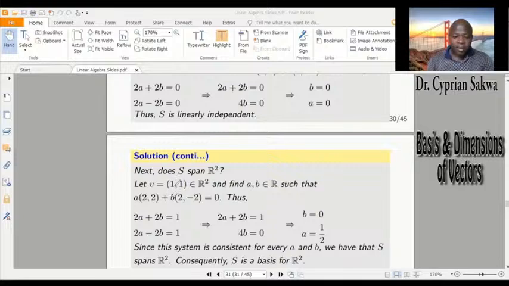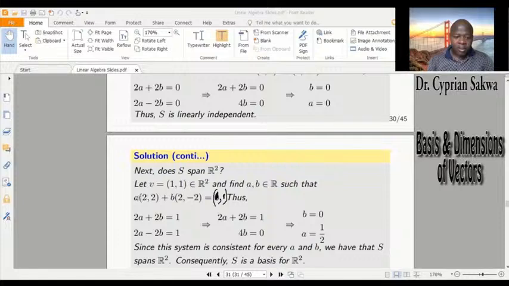So I've chosen the vector (1, 1). I want to see whether this vector that I've chosen can be written as a linear combination of those two vectors in S. So in other words, can I obtain scalars A and B such that A times the first vector plus B times the second vector gives me (1, 1)?